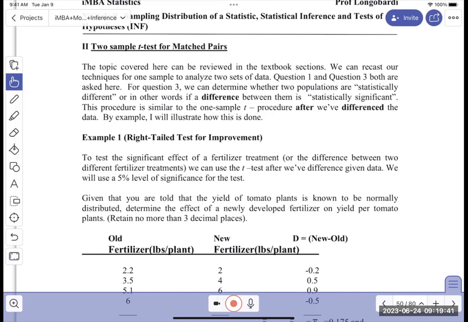So remembering, how do we use a matched pairs test? We take otherwise identical subjects, and we give one treatment and the other one a different treatment.